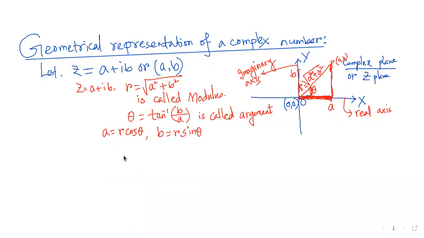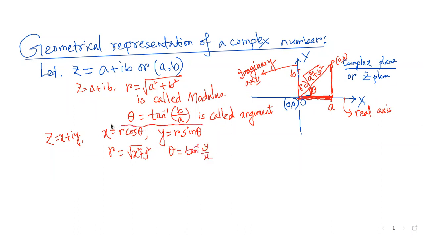And this is the relation between the Cartesian and polar coordinates. Also, I can write z equal to x plus iy, which is familiar in Cartesian coordinates, and r equal to root over x square plus y square and theta equal to tan inverse y by x.